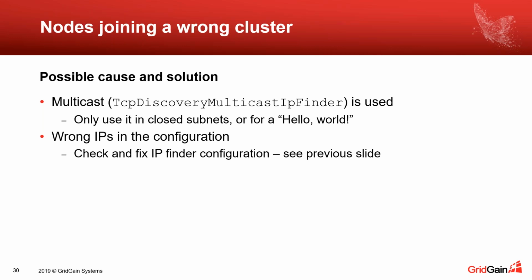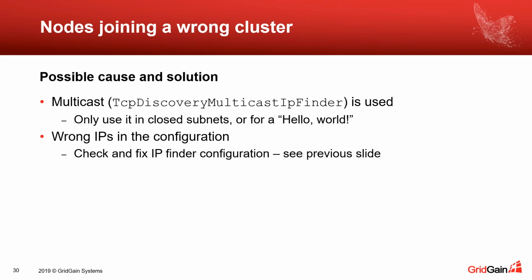You can use the multicast IP finder in some closed subnets, when you know for sure that there will be only one cluster reachable in the subnet, but in other cases you are better off using some other IP finder implementations.